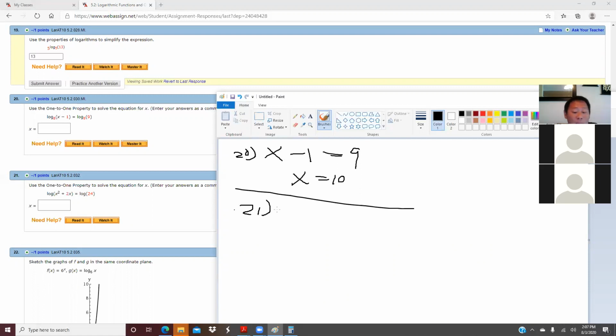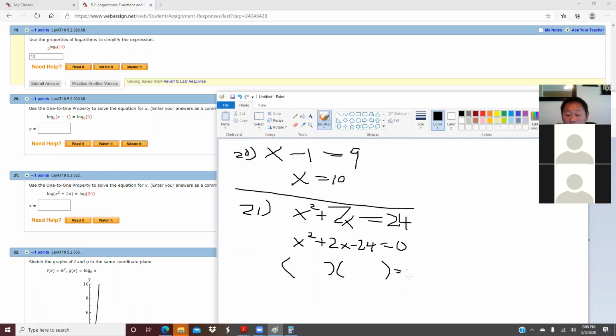For 21, the base is the same, so you get x squared plus 2x equals 24. Now this one is a little bit more difficult because it is a quadratic. You have to make this equal to 0 first, so I move 24 to that side. And you have to factor this. Can someone tell me what times what is negative 24, but when you add them, you get 2?